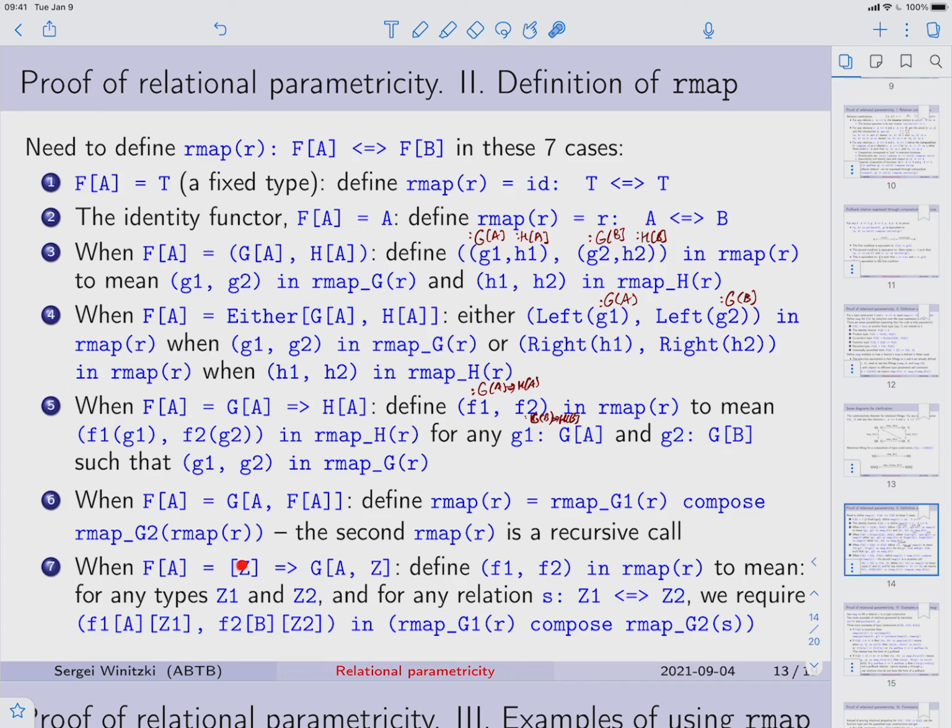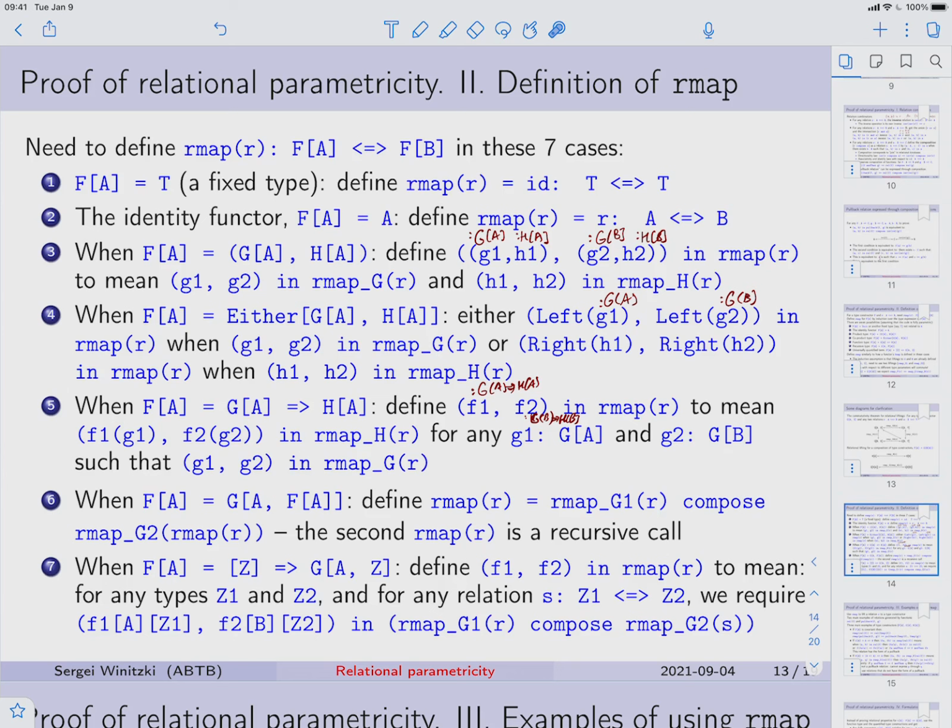Since I have an extra type parameter, I need to specify here another arbitrary relation S between any types Z1 and Z2 here. So this lifting of R is given between A and B. I need to lift it to this. It introduces a second arbitrary relation into the definition.